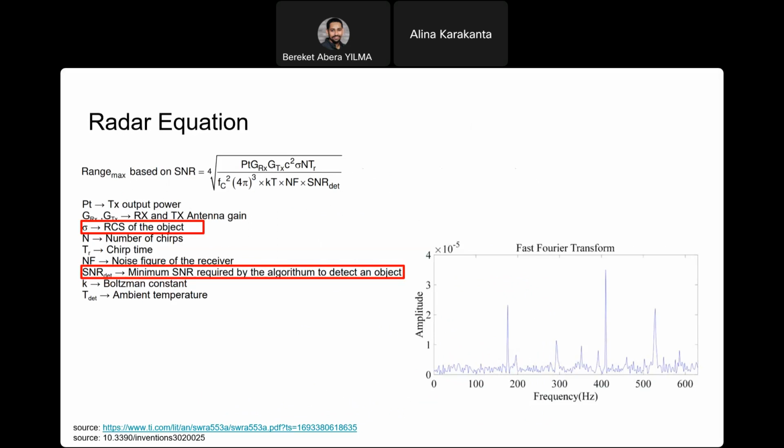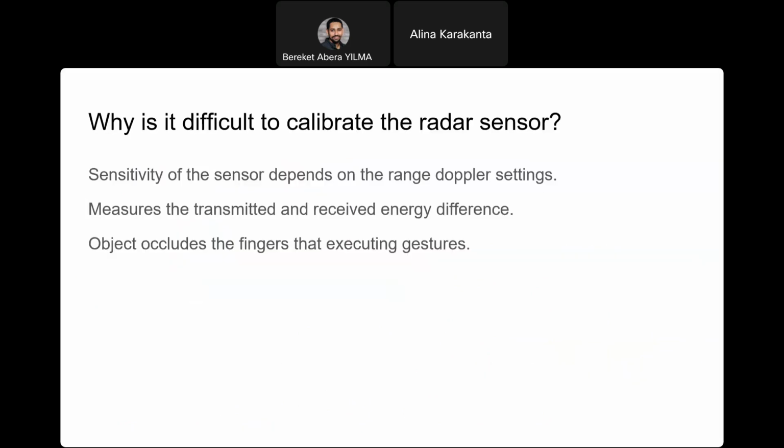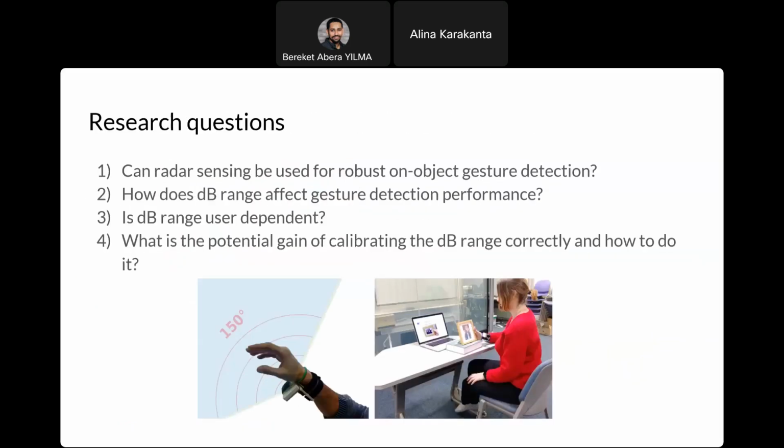As I mentioned earlier, the signal to noise ratio depends on the properties of your hand, and the properties of the hand vary user by user. They have different moisture content, and the texture of the hand is different from user to user. Because of that, we hypothesize that the dB range can be user dependent.